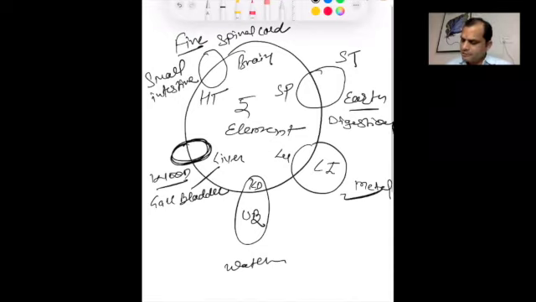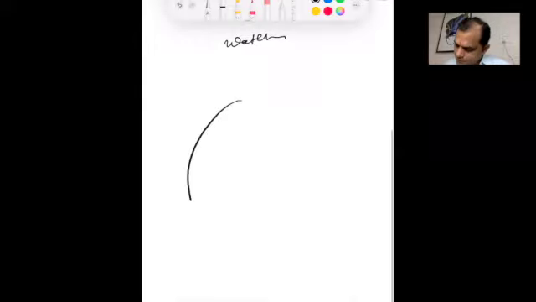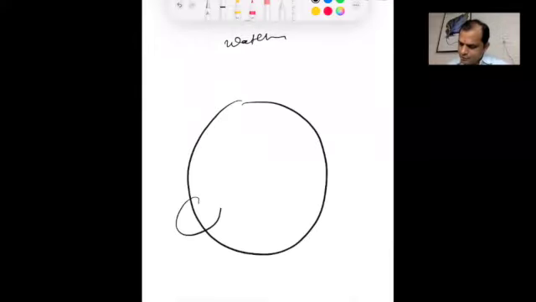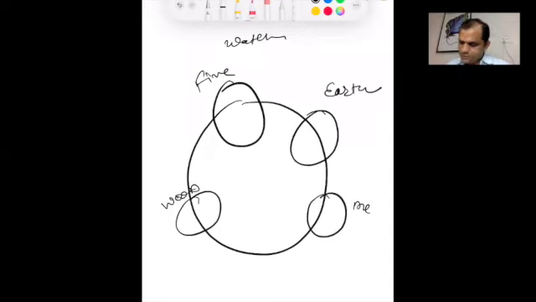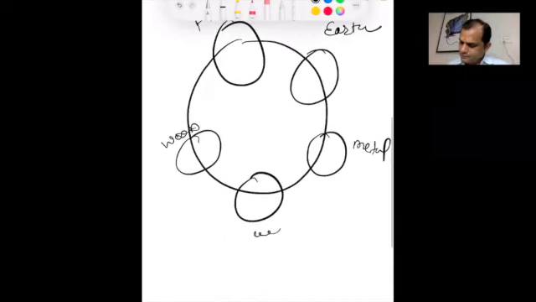Let's see once again here. So the first element is wood, second element is fire, third is earth, fourth is metal, and finally, this is the water.